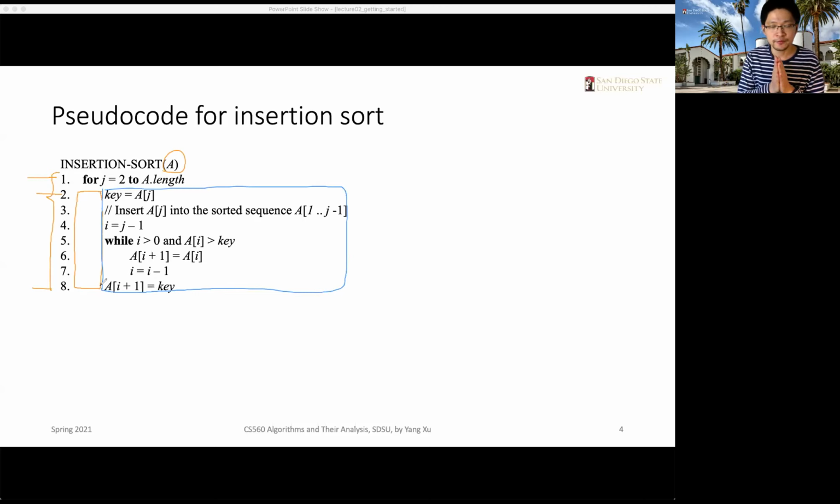The for loop starts from the first line. The first line defines the range of the for loop. The for loop will iterate from 2 to the length of A, which is the last element of the input array. This variable j is what we call a loop counter.